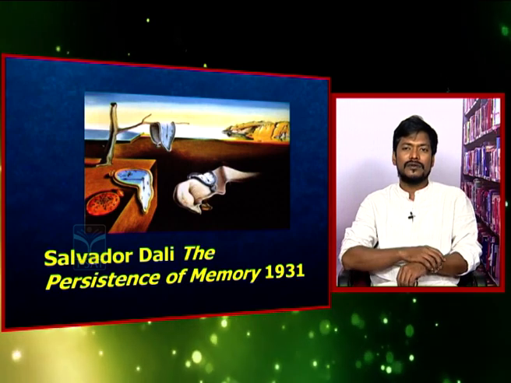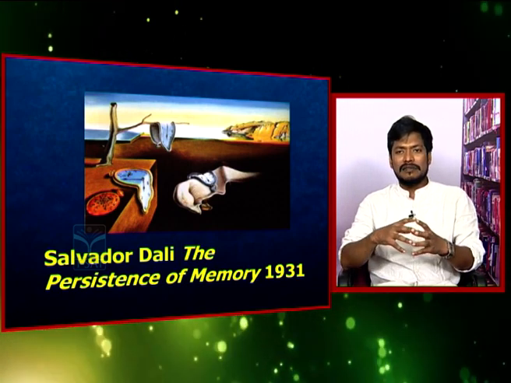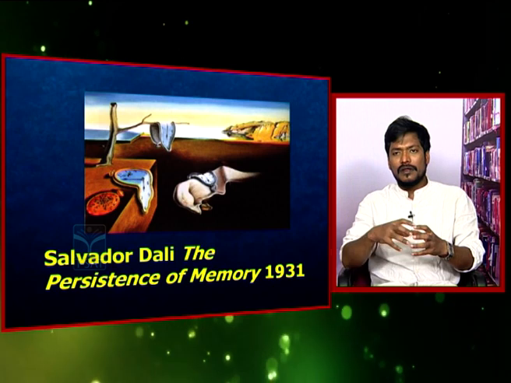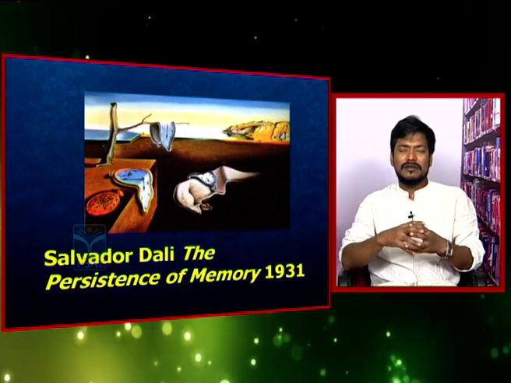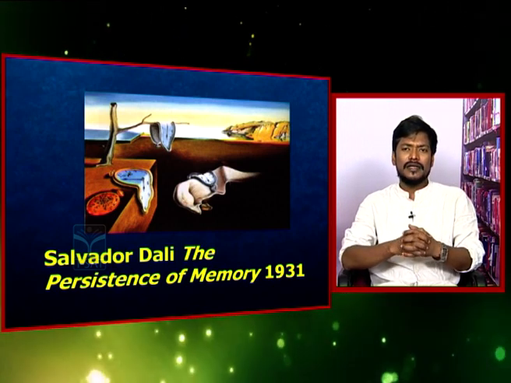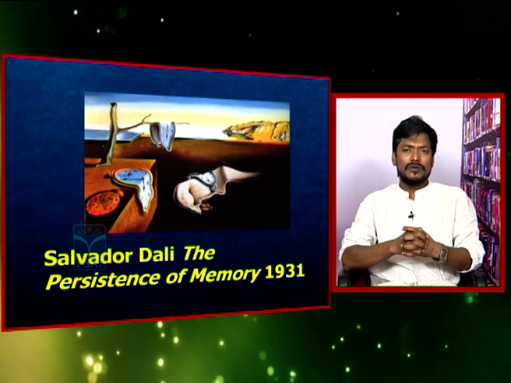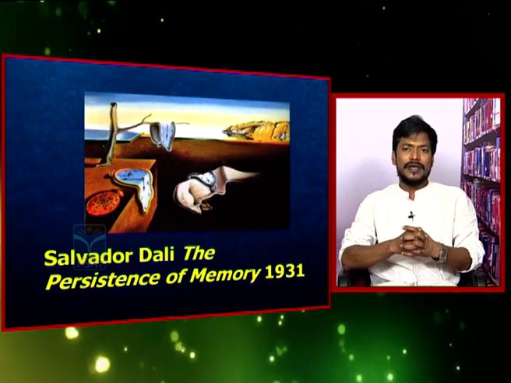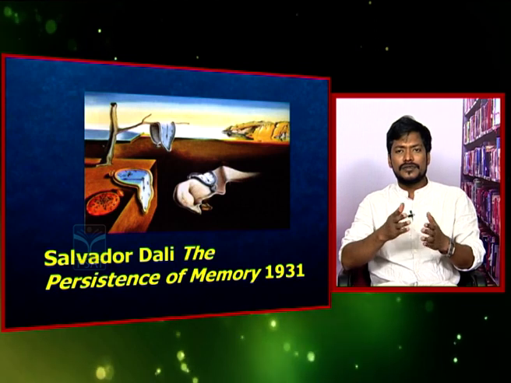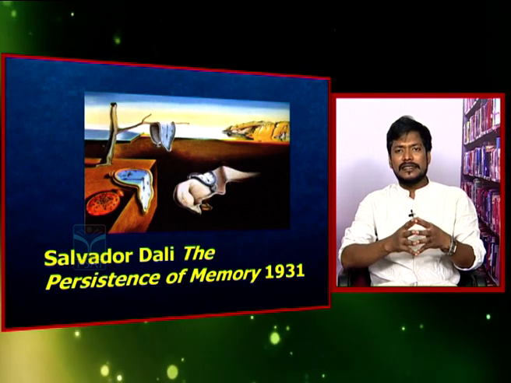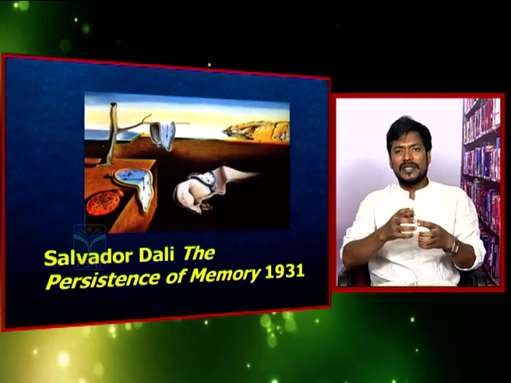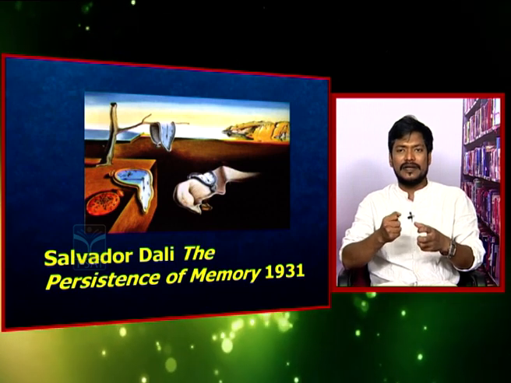In the forefront you have a sort of a seal, sort of an organism, very unusual, and you can see the nose. The nose looks like Dali's nose, okay, and the watches you see look like they are melting. It is a sense of time, as if the time is melting away, okay.